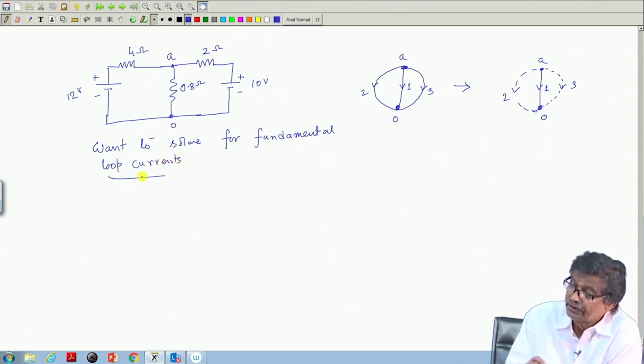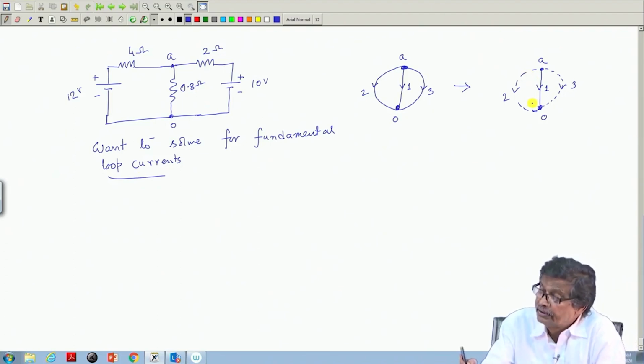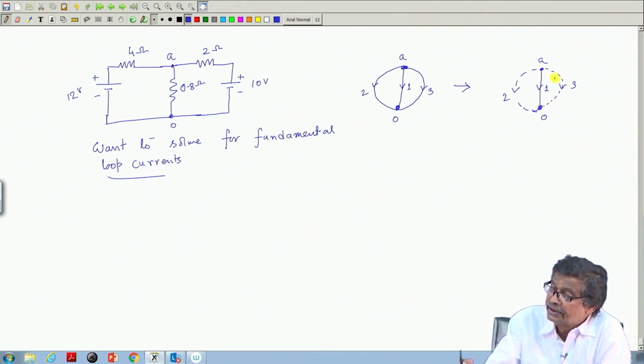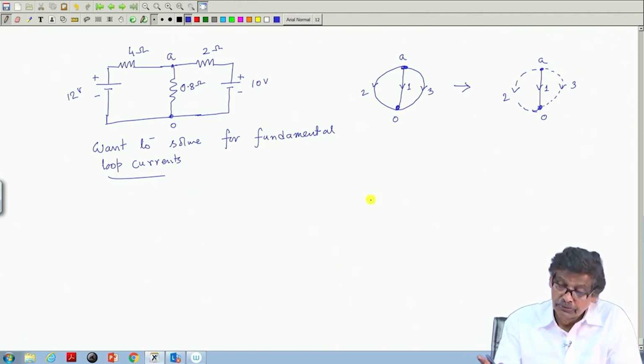What are the fundamental loop currents? Fundamental loop currents will be IL2 and IL3, decided by the number of links present. So, there will be only 2 links.